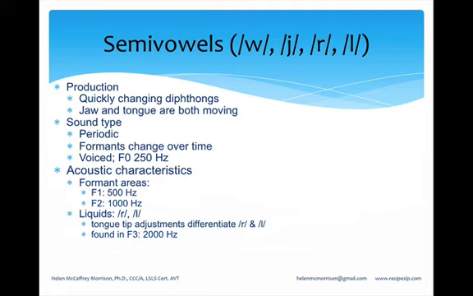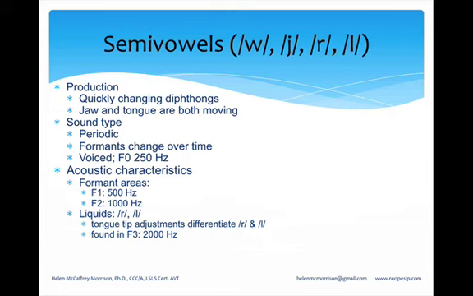These are formants that change over the production of the consonant, but they're really fast. And the jaw and the tongue are both moving, and similar to vowels, the jaw is associated with F1 changes over the course of the consonant production, and the tongue movement is associated with F2.